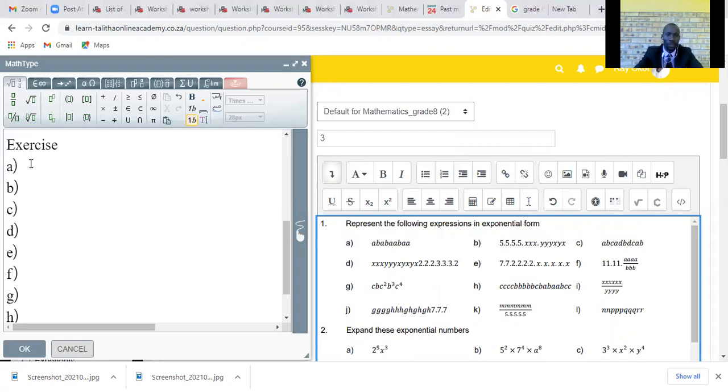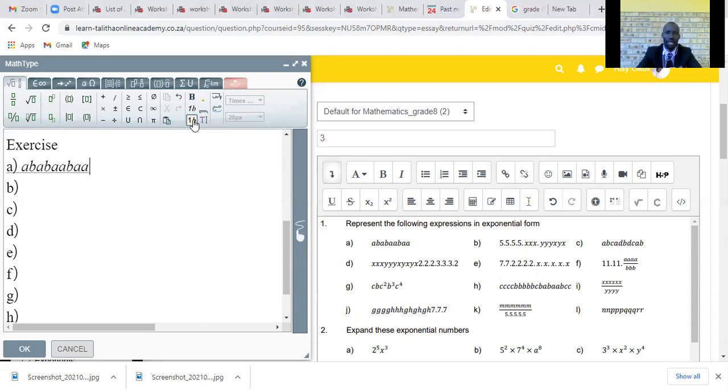So we will do A, B. Yes, that's what we have.